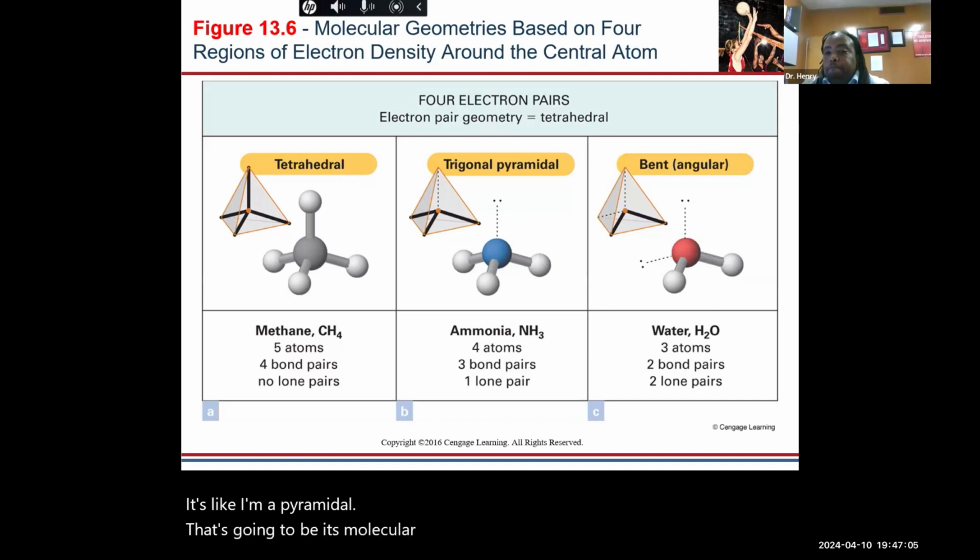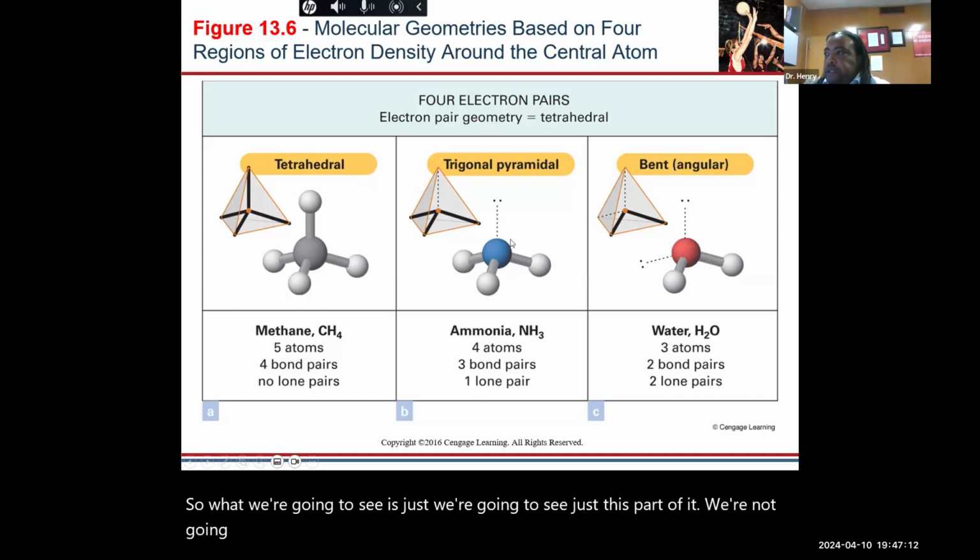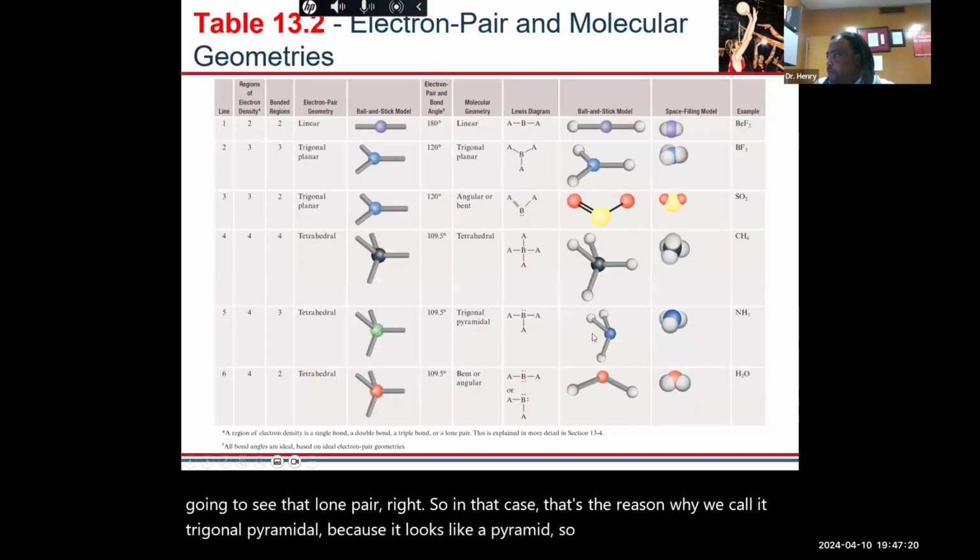What we're going to see is just this part of it. We're not going to see that lone pair, right? So that's the reason why we call it trigonal pyramidal, because it looks like a pyramid. So let's go back. This is what it's going to look like.